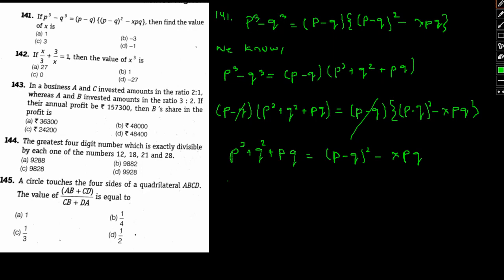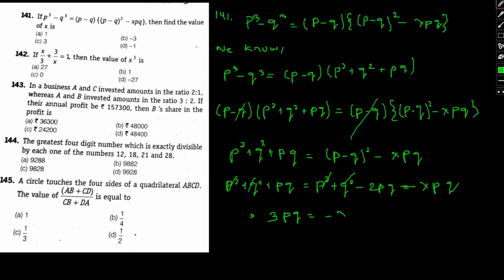Now we can further write p square plus q square plus pq, let's split this up: p square plus q square minus 2pq equals minus x pq. Okay, cancels out. 3pq equals minus xpq. Therefore x is equal to minus 3. Option B is our answer.